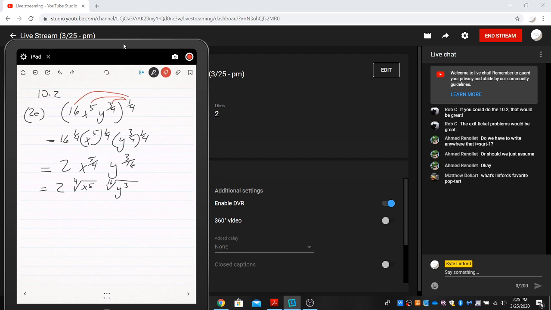Remember, we had this process that if you're taking the root of two things multiplied together, you could separate it and take the root of each thing individually and multiply them. So this is how we typically would go about doing this. We'd split it up. It also works in reverse. As long as you have the same index, you're taking the same root, you can remultiply these things together to fit under one radical.